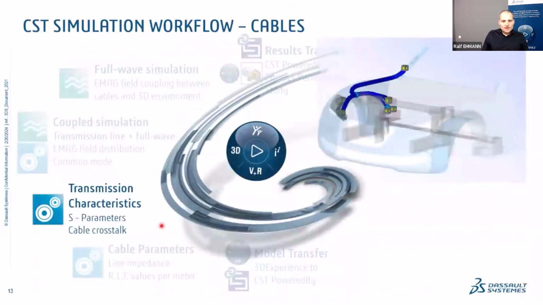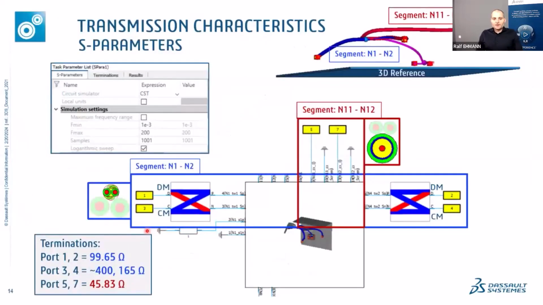So once we have these basic parameters checked or verified, now we can move to, I would say, also a basic set of simulations that we have to do to evaluate the performance of these cable harnesses, which could be the S parameters and the cable crosstalk.